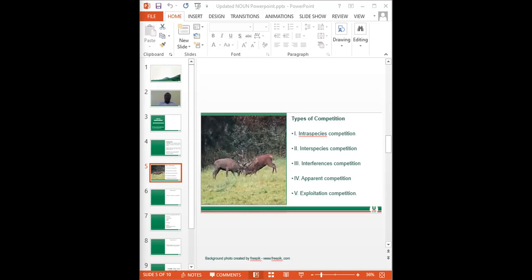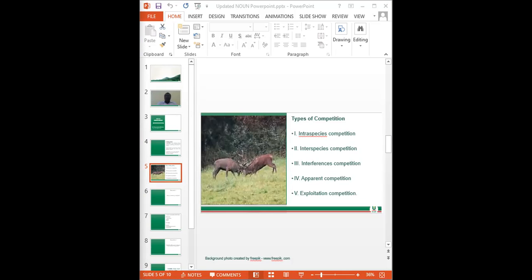I know at our elementary level, what we used to know in competition were just two major types, which are the intraspecific and the interspecific. But now we've gone higher in breaking down other groups of competition that exist.